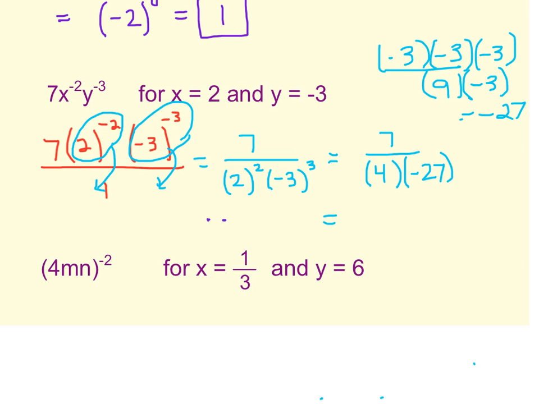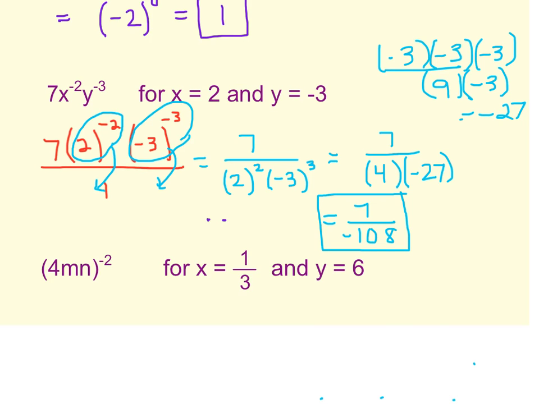All right, so simplifying this, top is 7 on the bottom. What is 4 times a negative 27? It's a negative 108. And then see if that reduces, which 7 does not go into that, so that'll be our final answer.